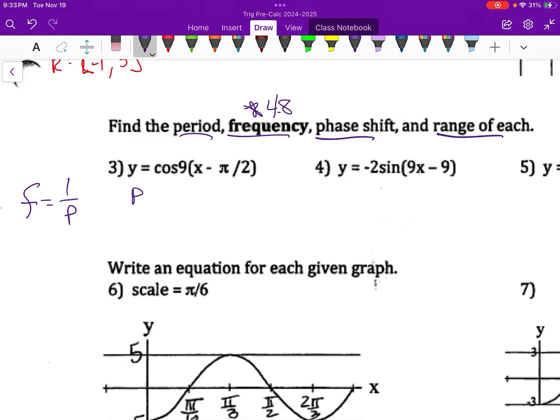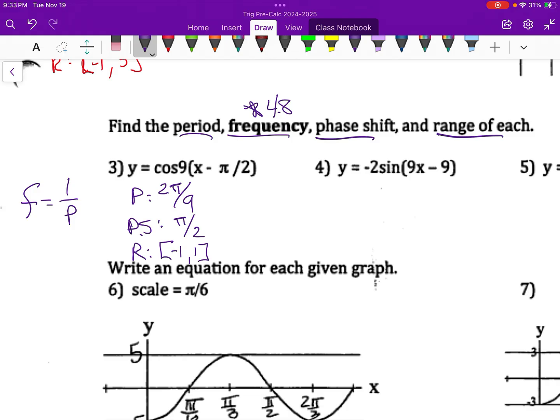Period in this particular case would end up being 2 pi divided by 9, because that's the b value on the outside. Phase shift in this case would be positive pi over 2. The range of the answer is going to be dictated by the actual amplitude. So this amplitude is 1, so it'll go from negative 1 to 1.